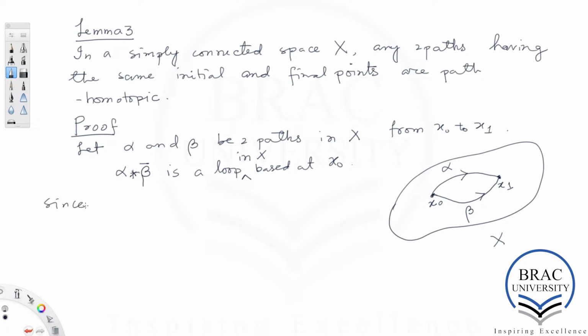Since X is simply connected, the class of alpha star beta bar is the class of the constant loop at x0. It follows from the definition of simply connectedness of the topological space X.